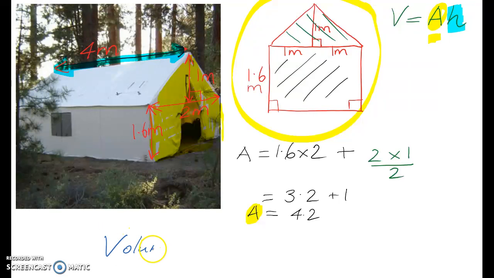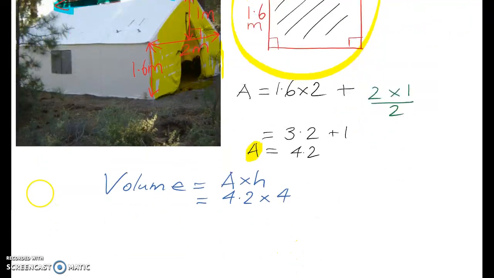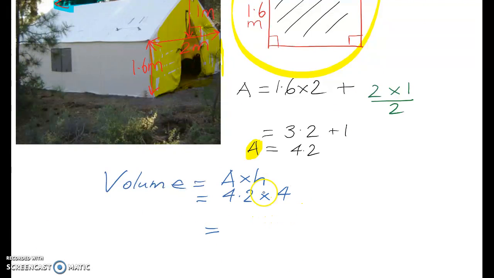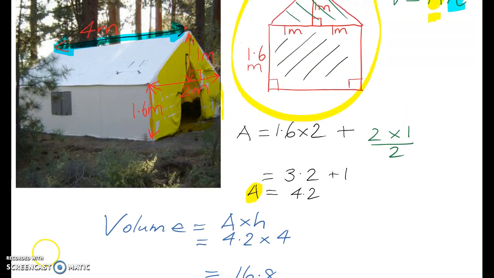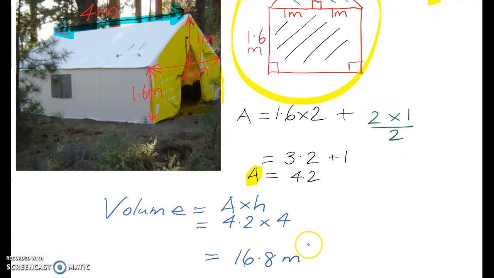Volume equals A times H, which is going to be 4.2 times 4. 4 2's 8, 4 4's 16. So it looks like it's 16.8 cubic meters for our volume. So that's a little recap of volume and surface area. Hope that helps.